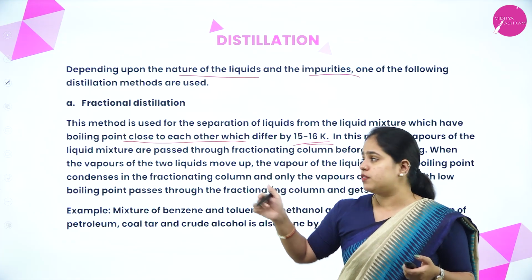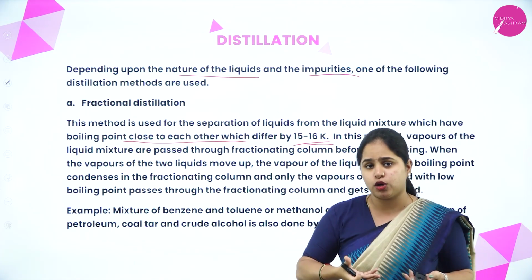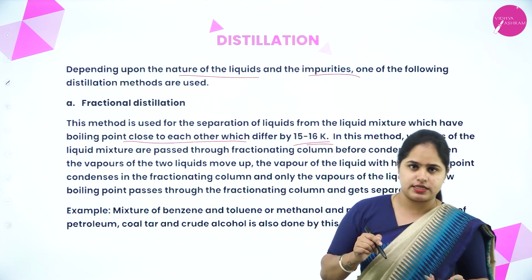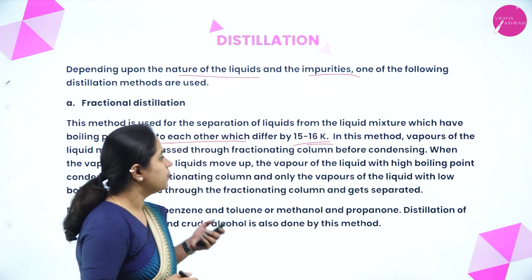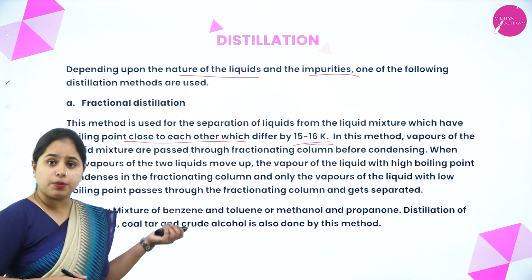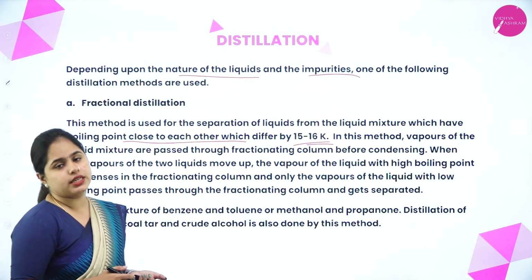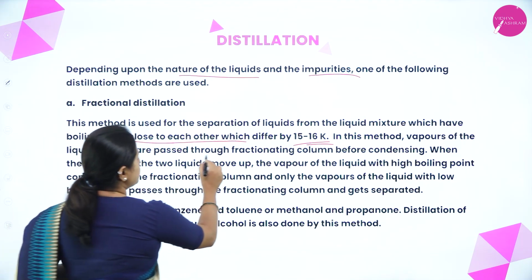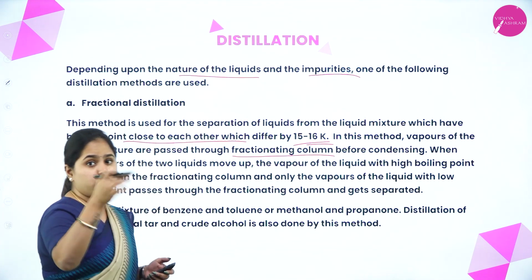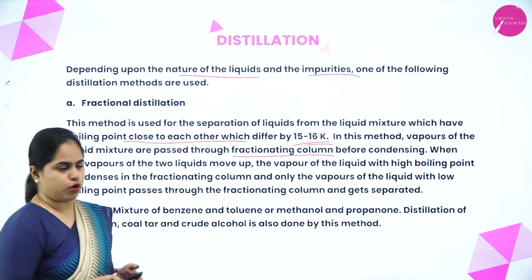So in such a case we use the fractional distillation method, right? In this method, vapors of the liquid mixture are passed through a fractionating column before undergoing the condensation process, right?